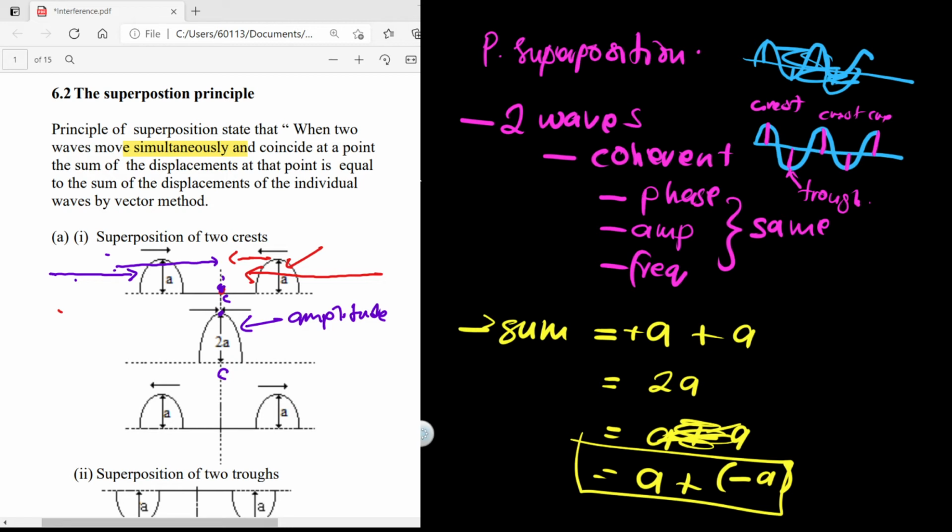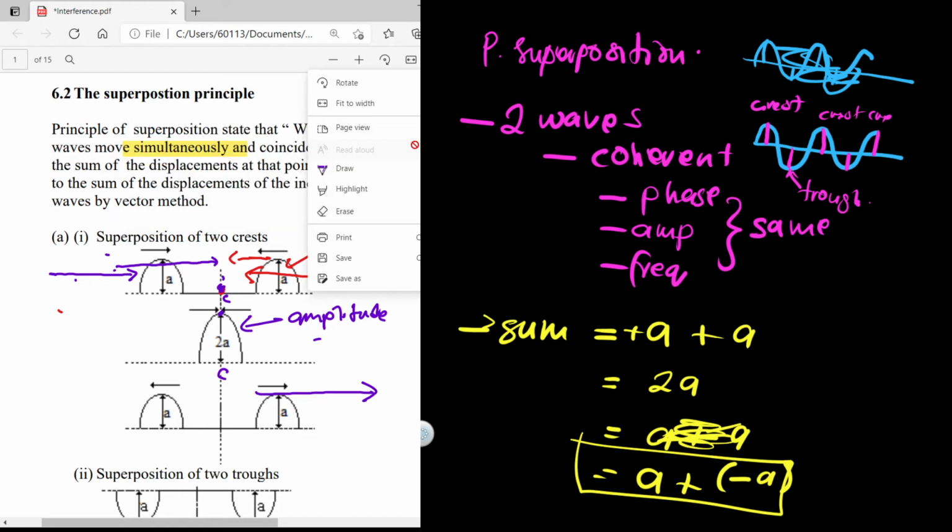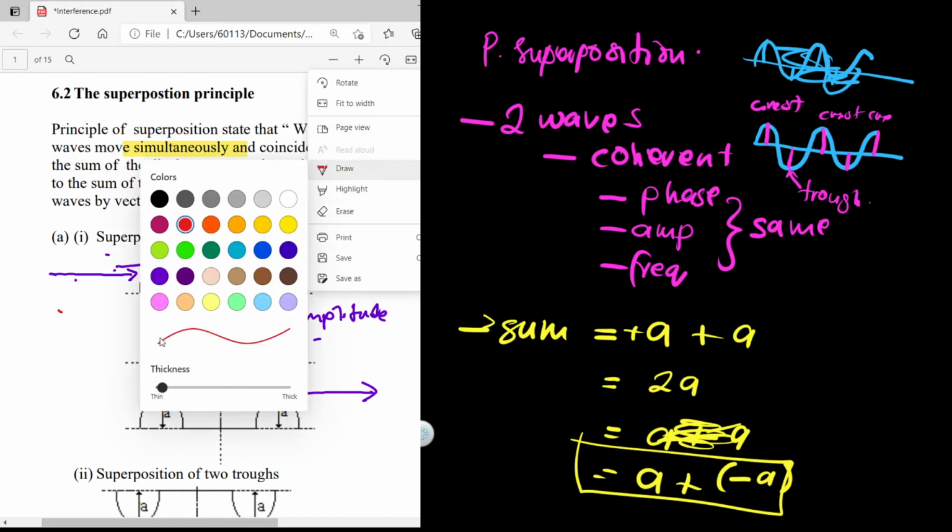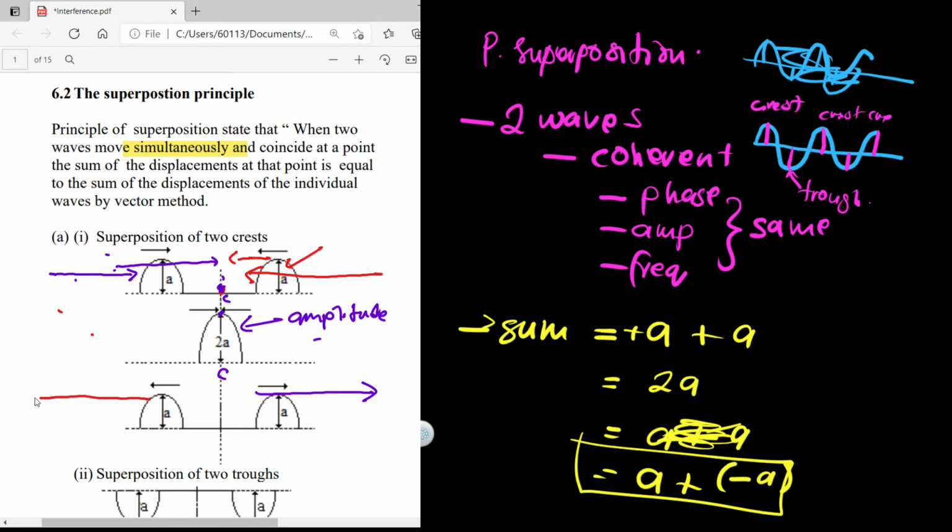After the event, the blue one will continue its motion with the same initial displacement, which is equal to A, while the red one will also travel in its initial direction, towards our left-hand side, and the amplitude is back to normal.